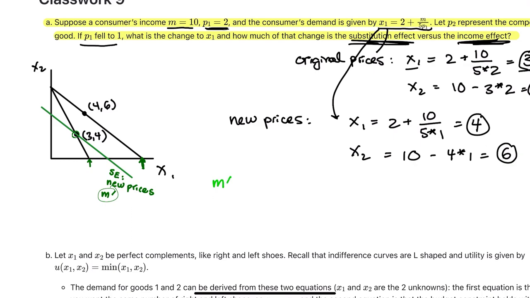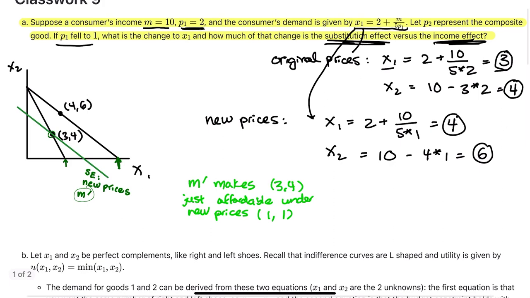M prime makes the original bundle 3, 4, just affordable under the new prices. And the new prices are 1, and then the price of the composite good has always been 1. It's just money spent on other things. So money costs $1. That's why P2 is $1 there.